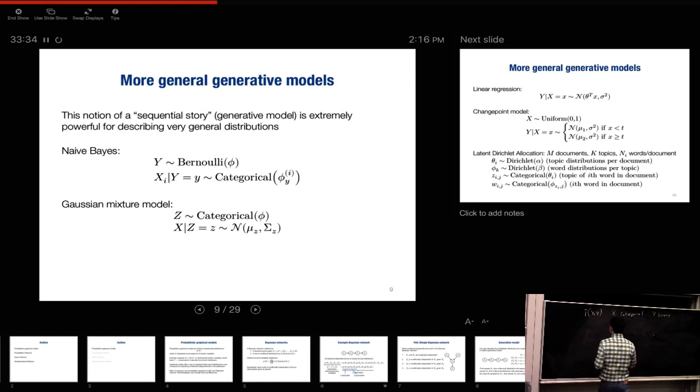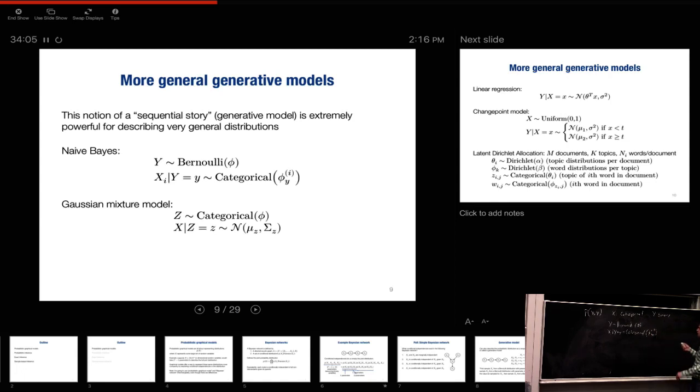So I have a parameter that dictates my distribution over y: y is Bernoulli with some parameter phi, and then x_i given y, given y equals some value little y, is categorical with the parameters phi_{i,y}.